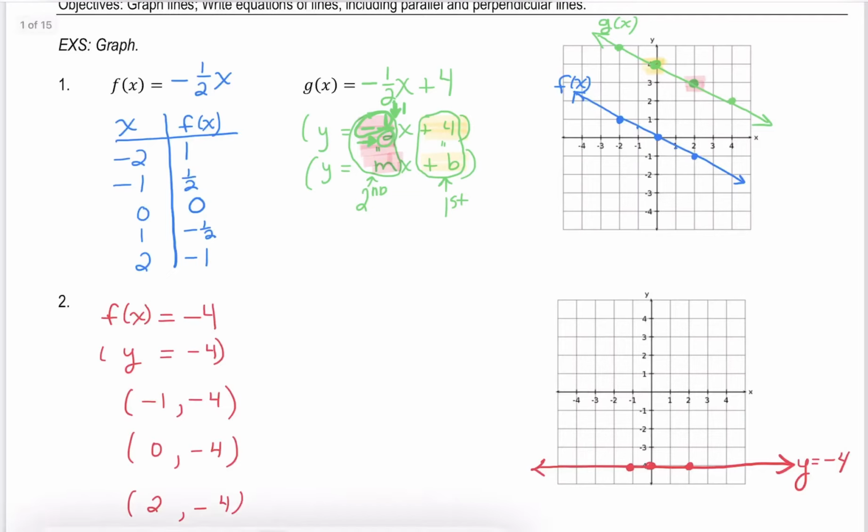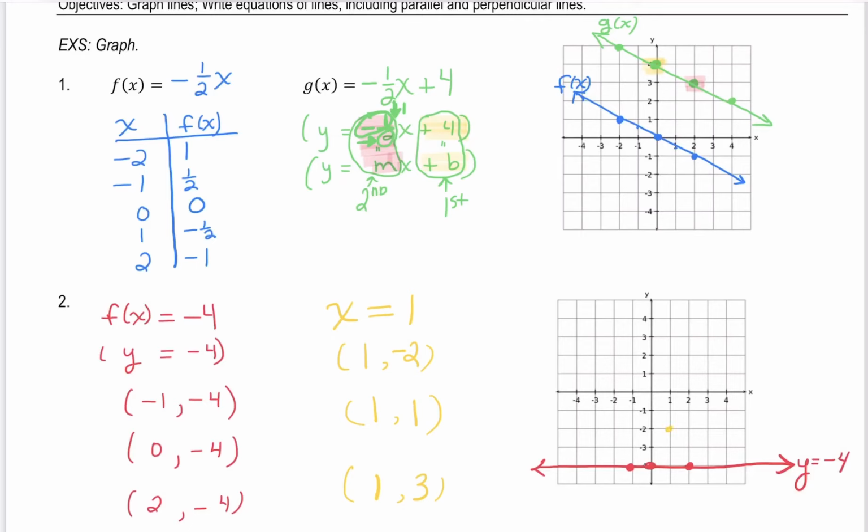And let's also graph on this one the other special case of x equal a number. So in this case, if I wanted to think about some points that would satisfy the equation, I just need to make sure the x-coordinate is 1. The y-coordinate could be whatever we want it to be. That wouldn't matter as long as the x-coordinate is 1.